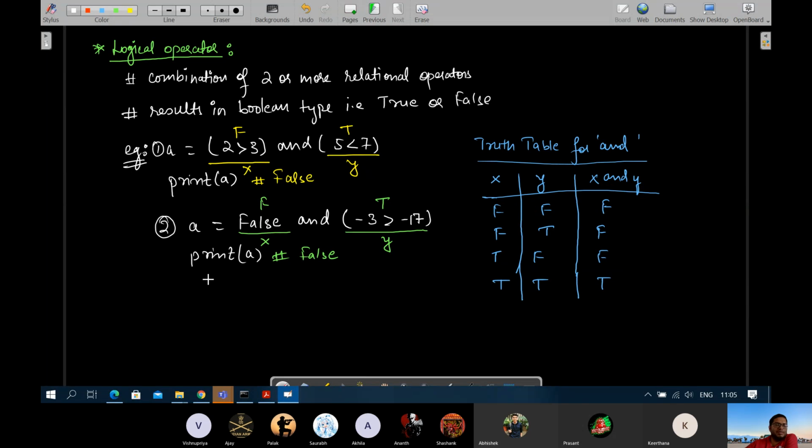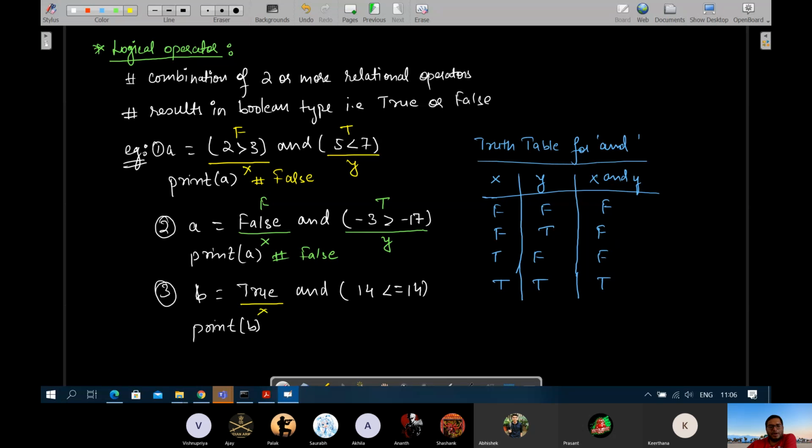Okay. Directly भी check कर सकते हो. B is equals to true and 14 is less than equals to 14. इसमें क्या आएगा? प्रिंट भी करेंगे तो True. क्यों?